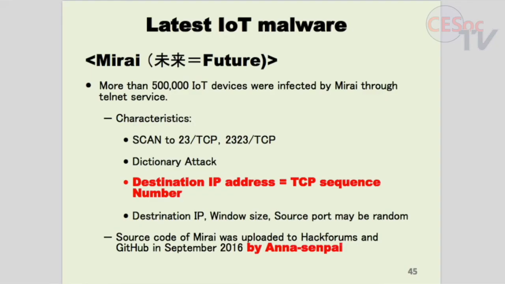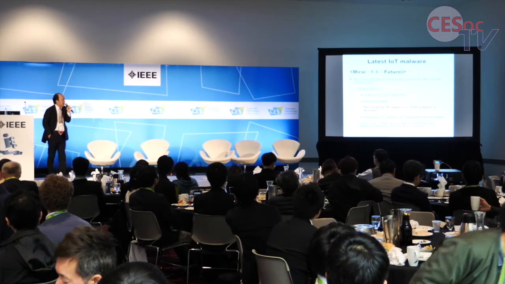And lastly, the source code of Mirai was uploaded to hack forums or GitHub in September 2016, by using the name Anna Senpai. So I thought Anna Senpai seems to be Japanese, so I thought, what is it?